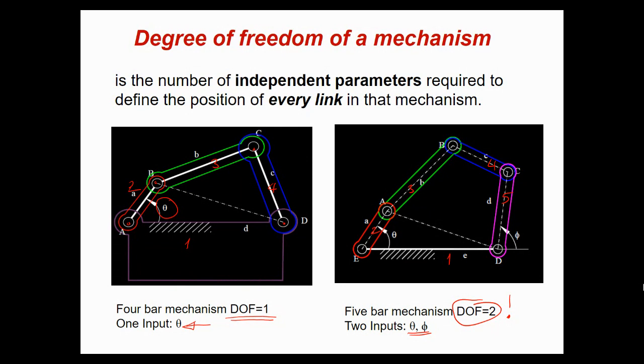by one input. But if you have a 5-bar, as you see over here, a 5-bar mechanism has 2 degrees of freedom. It can be specified by 2 inputs, like theta and phi.